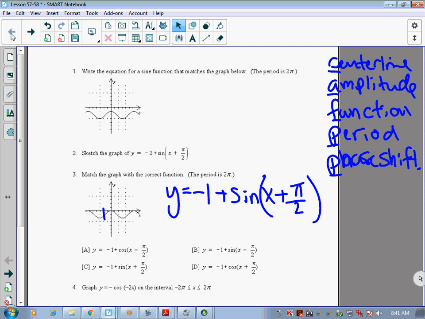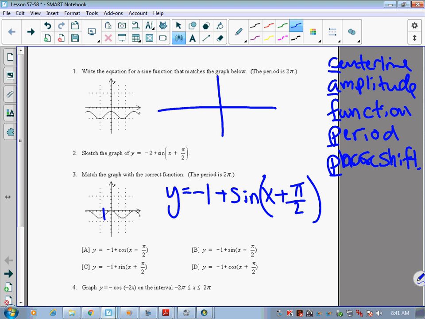A period change, right? So if we were to look at this, and let's say here's 360 degrees and we wanted a cosine function with a negative, it's going to cross at the origin, but it's going to have an amplitude of -1. So we've got -1, +1, okay?